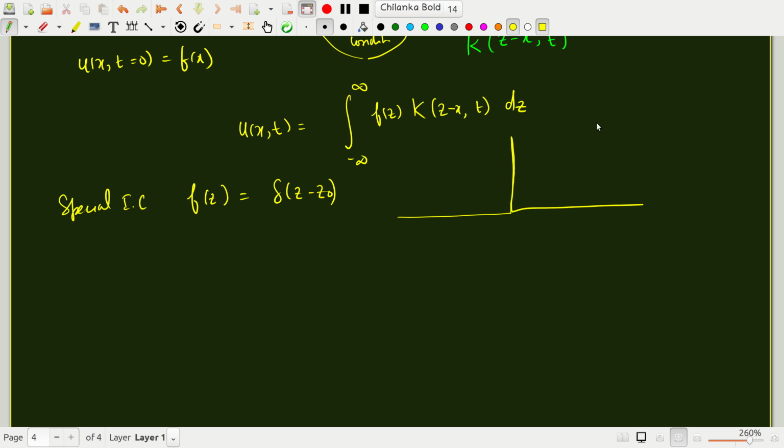Imagine this is like injecting, if you have a tube of some water, at time t equal to 0, at x equal to 0, you are injecting a momentary pulse, and then you are interested in seeing how this pulse is going to evolve as a function of time.